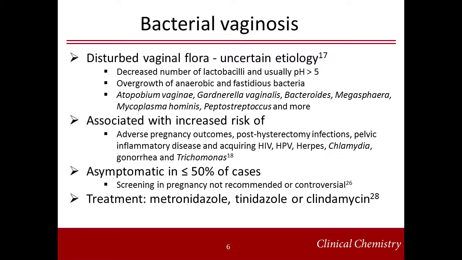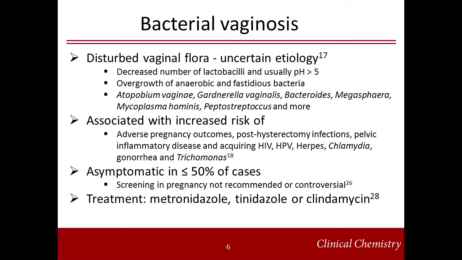Bacterial vaginosis is associated with increased risk of adverse pregnancy outcomes, post-hysterectomy infections, pelvic inflammatory disease, and acquiring HIV, human papillomavirus, herpes, chlamydia, gonorrhea, and trichomonas.